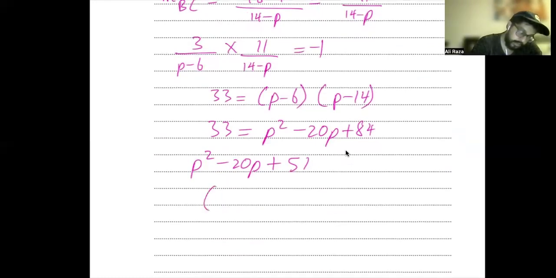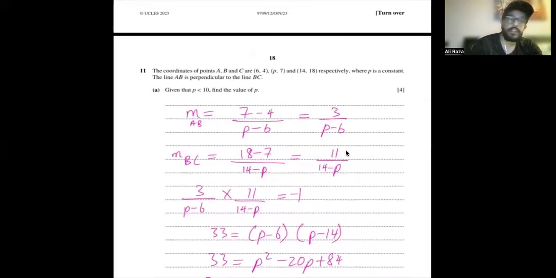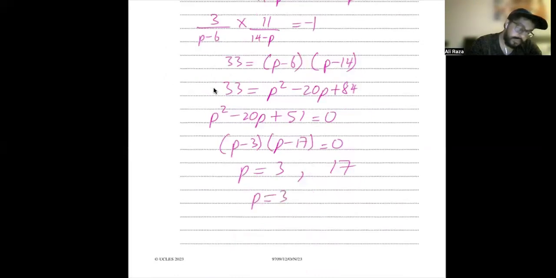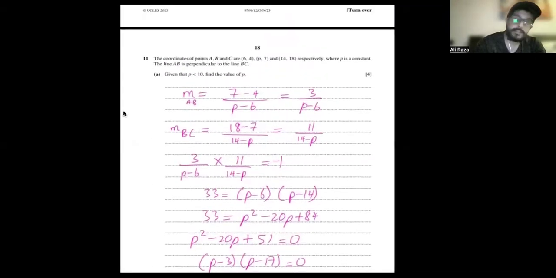This would factorize to P minus 3 and P minus 17. P has the values 3 and 17. Now we're given that P should be less than 10. So the value would be P is equal to 3 only, and we'll reject 17. Now we know that AB is perpendicular to BC and both of them are chords of a circle.